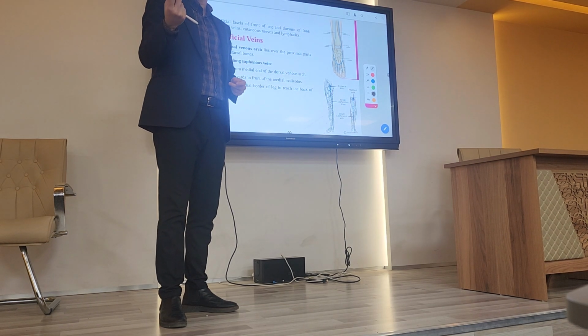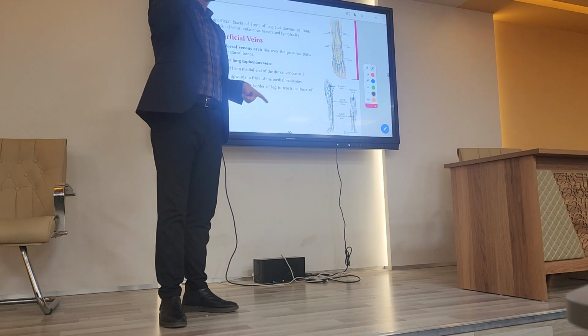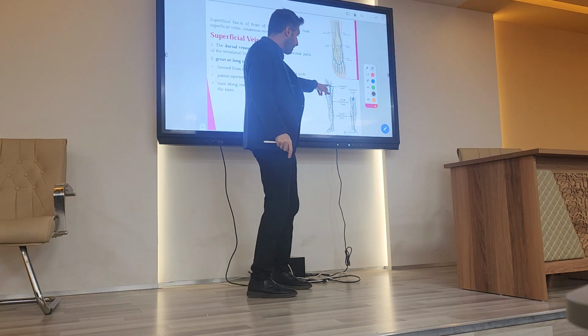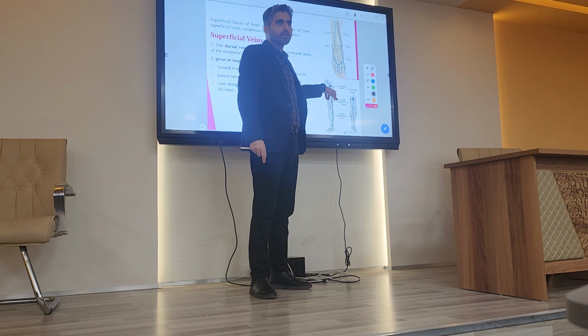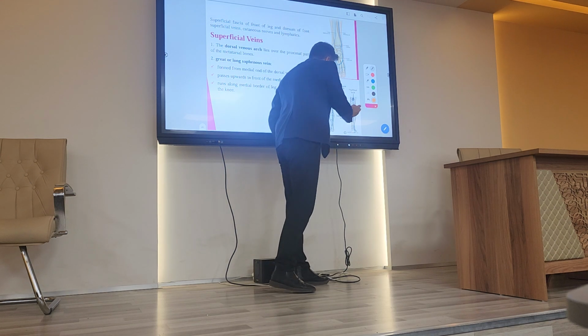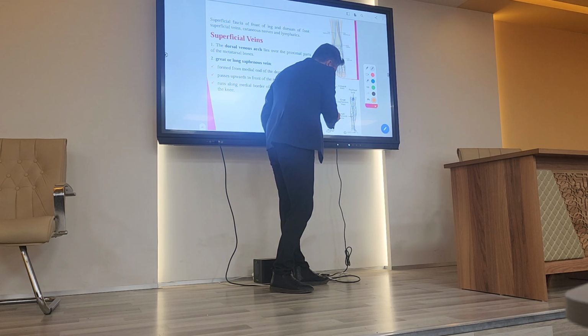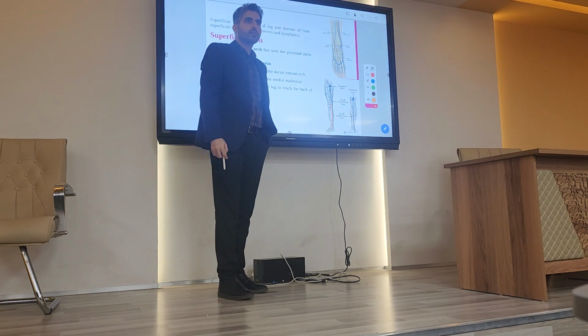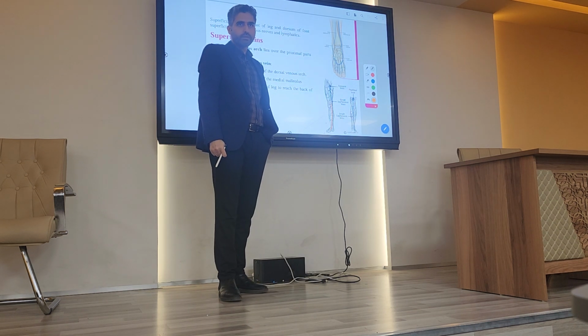So this is sensory, for the skin. For great saphenous vein, we have one sensory nerve, the saphenous nerve. Medial side of the knee, medial side of the leg, medial side of the foot.